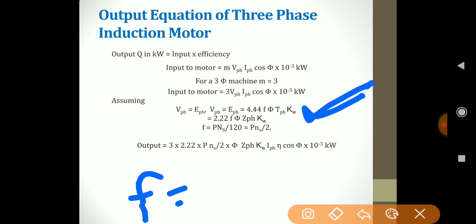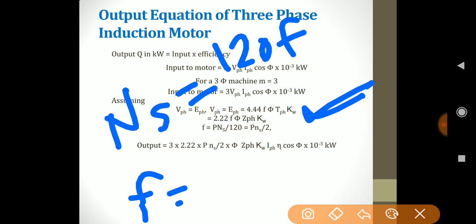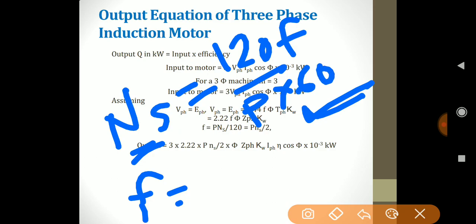Generally we have the relation for synchronous speed of induction motor. Synchronous speed is equal to 120 F by P, and this synchronous speed is in RPM. When I convert this into RPS, I need to divide it by 60, as I am converting minutes to seconds. So when I divide 120 by 60, you will get 2.